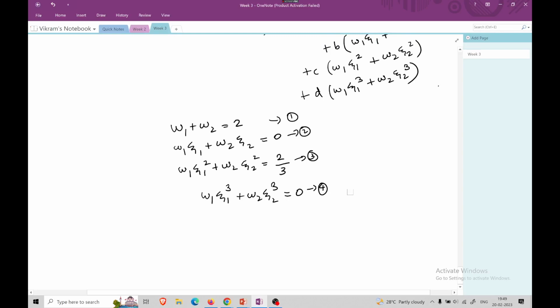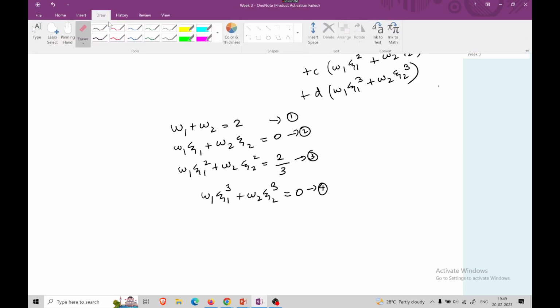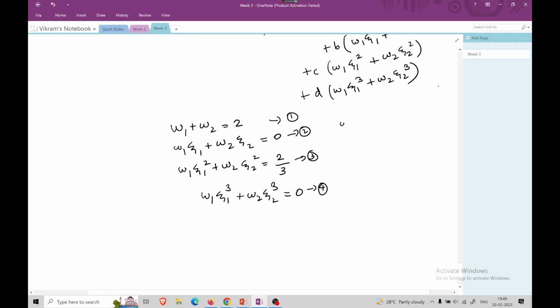The 4 equations, I'm going to multiply first equation by epsilon 1. W1 epsilon 1 plus W2 epsilon 1 is equal to 2 epsilon 1. So W1 epsilon 1 plus W2 epsilon 2 is equal to 0. So subtract both. W2 into epsilon 1 minus epsilon 2 is equal to 2 epsilon 1.